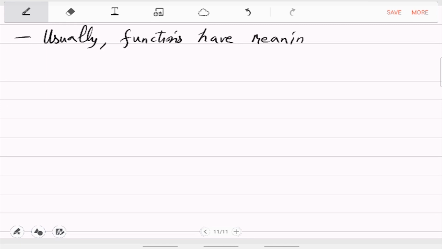What is also interesting, as I mentioned, are decision problems. Usually functions have meaningful Boolean or decision versions.